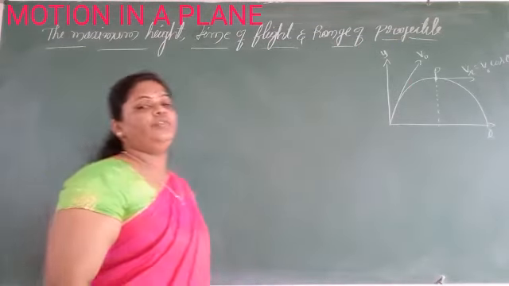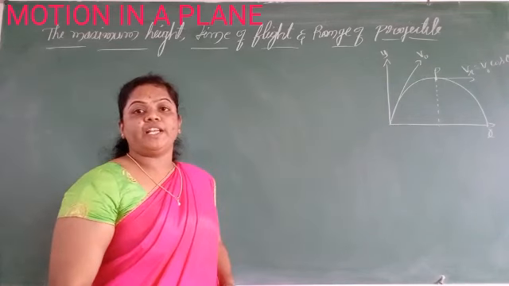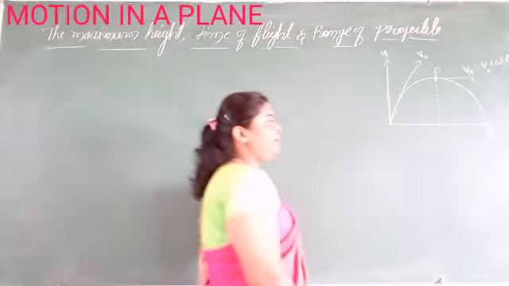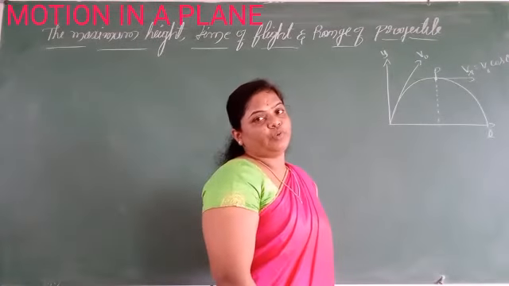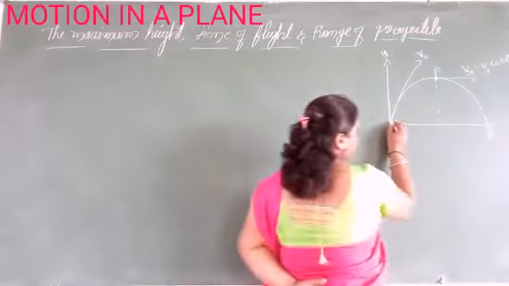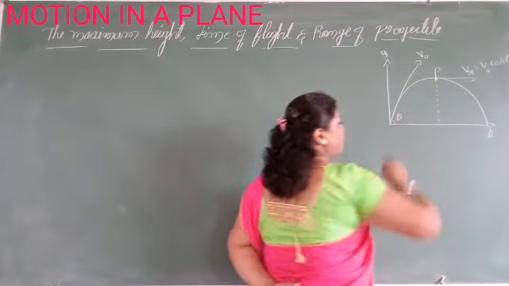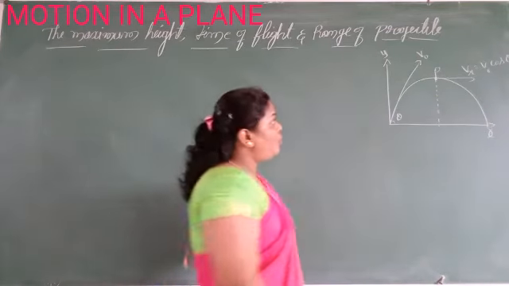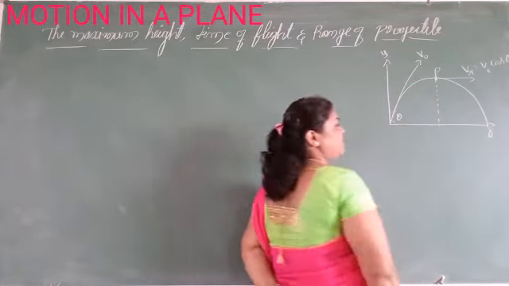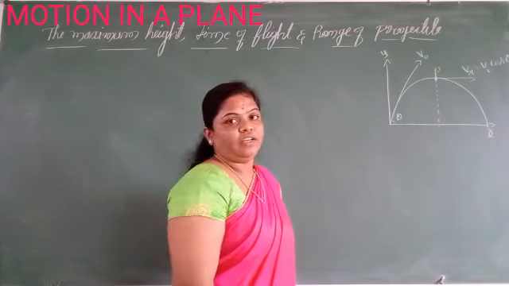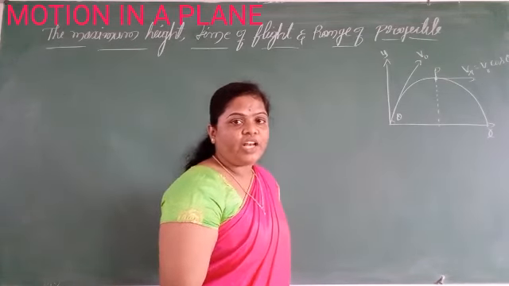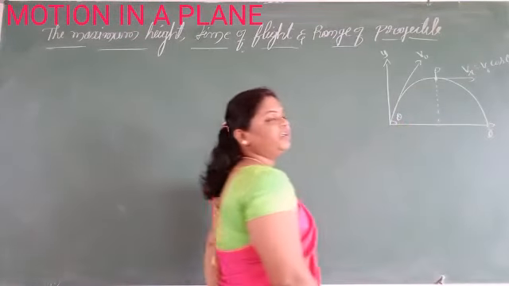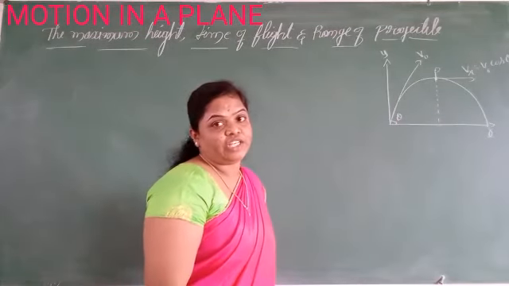So see here, we know about projectile motion. What is meant by projectile motion? Here I am considering a projectile or an object moving in two dimensions. Let us consider an object moving with the initial velocity v0 and making an angle theta with the horizontal direction.